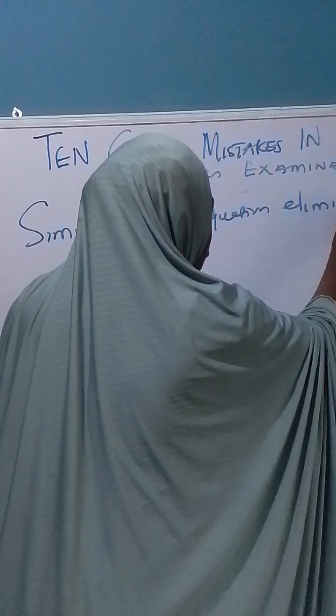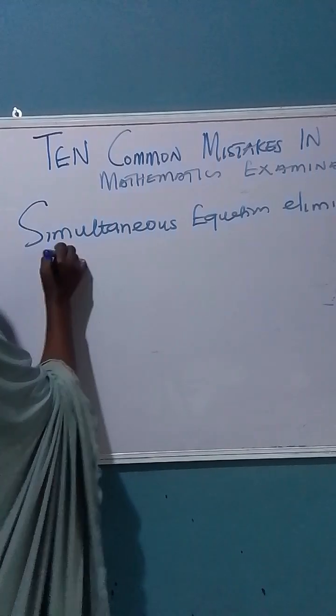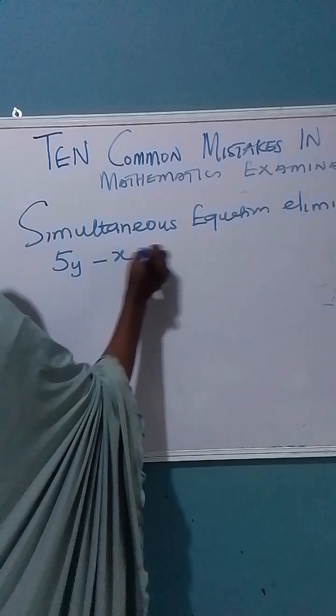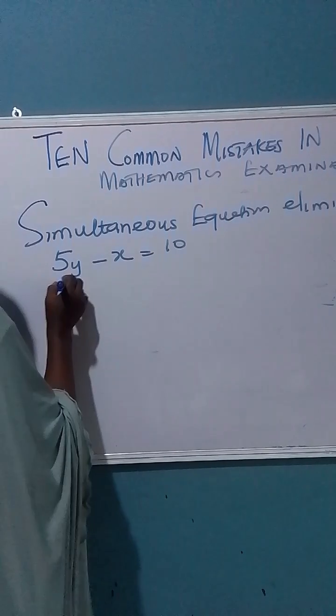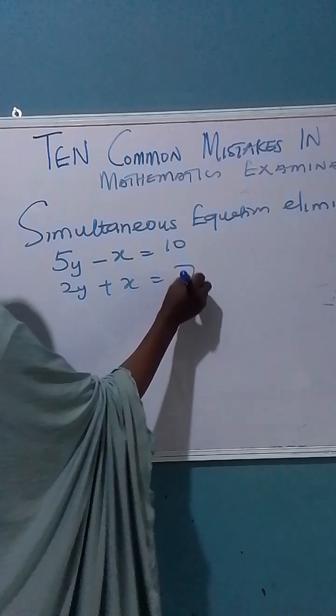If you want to solve any question that has to do with simultaneous equations, for instance, assuming you have to solve 5y minus x is equal to 10 and 2y plus x is equal to 7.